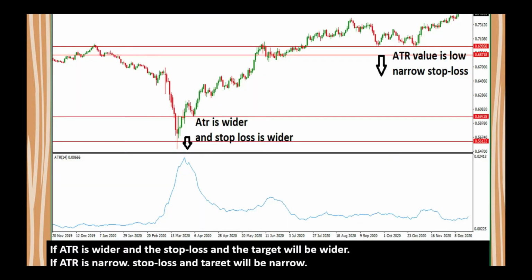For beginner traders, just to understand, right now on the screen you have an ATR 14 days indicator on the daily chart. As you can see in the right down corner, there is a number, 0.00225.